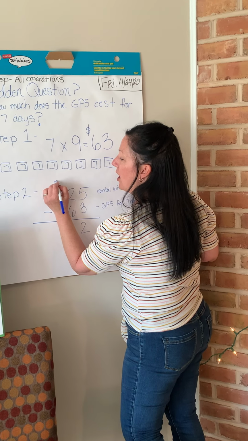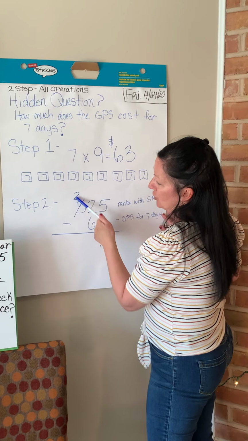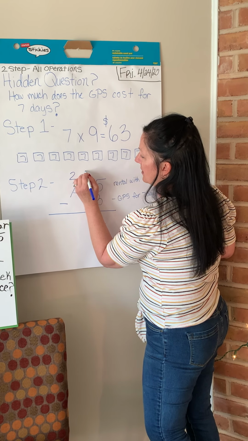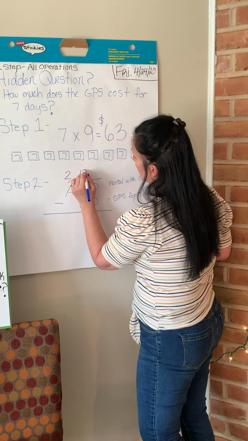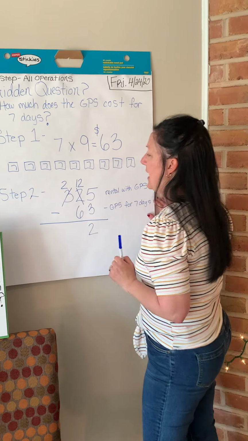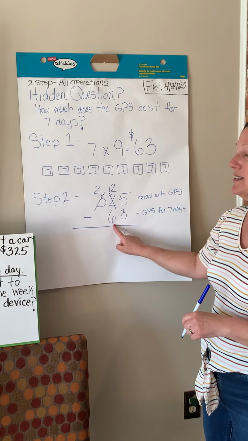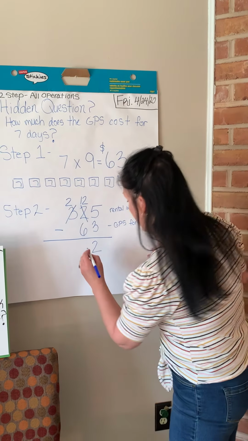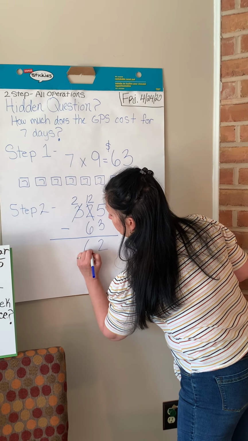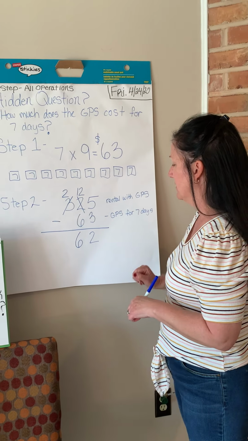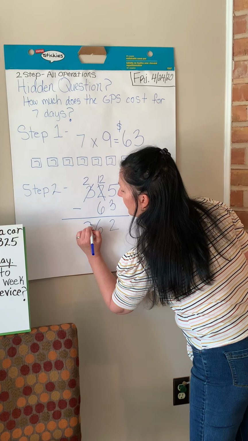So instead of 300s, we're going to have 200s, and instead of 2 10s, we're going to put that 100 in front of the 2, and now we have 12 10s. So 12 minus 6 is 6. And 2 minus nothing is 2.